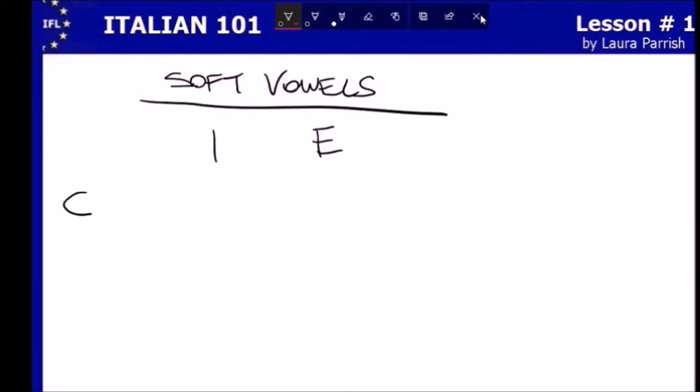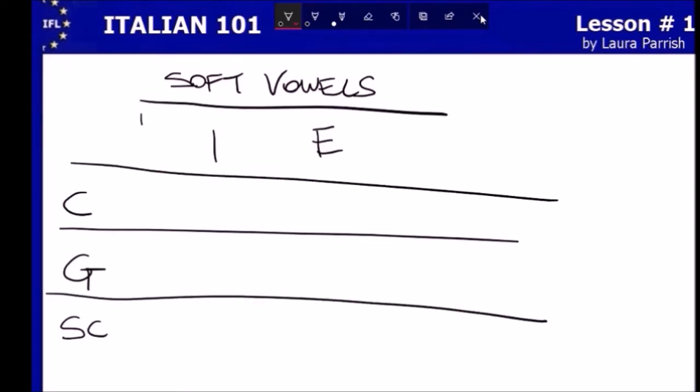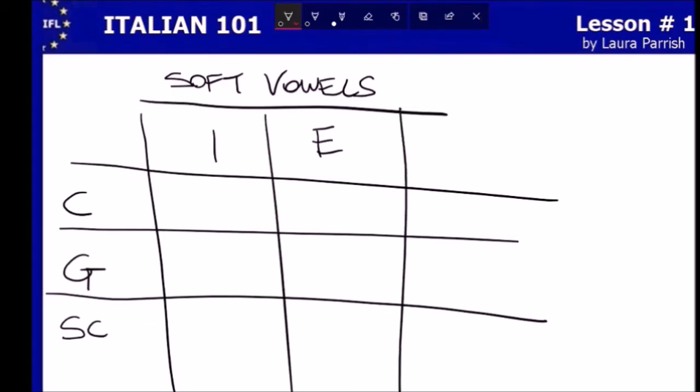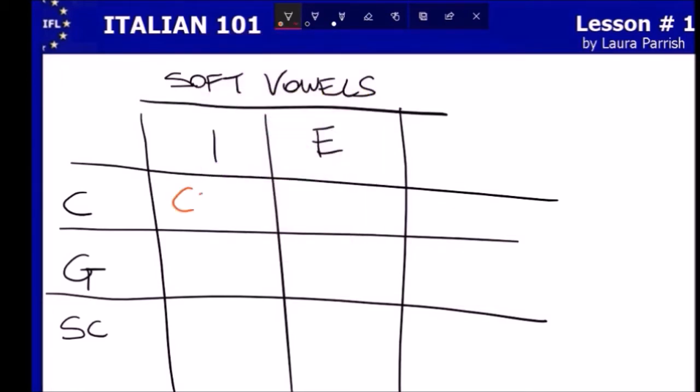I told you that the rules of pronunciation are only about those three sounds, okay? So here the sounds will be chi and che, or g and j, or she and she.